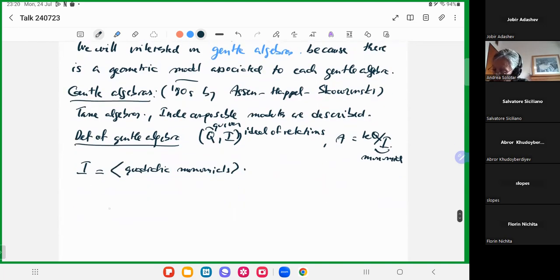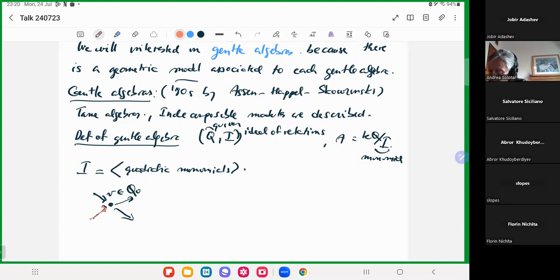Okay, and locally, suppose that I have any vertex in Q, I will denote the vertices by Q0. Then at each vertex, there are at most 2 arrows arriving at that vertex, maybe less, maybe 1, maybe none, and at most 2 arrows going out. Again, maybe none, maybe 1. But moreover, if, for example, I arrive with this arrow, I don't have 2 possible ways to continue in a non-zero way.